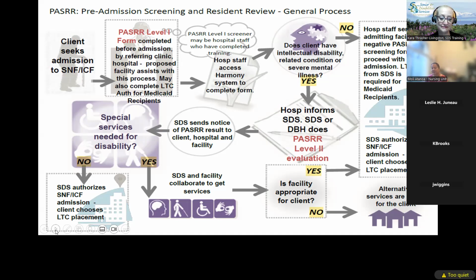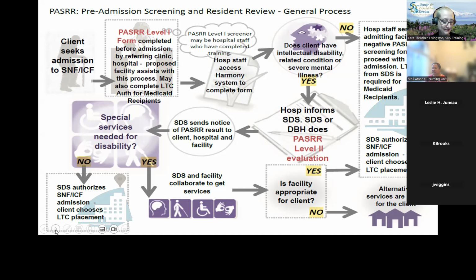We see that the PASRR Level 1 form will be completed by the screener who has completed training. We'll have some more information on that a little further down the line. So the process will have hospital staff accessing our Harmony system. Once access has been gained, you will have access to the forms, both the PASRR Level 1 forms and the long-term care authorization form.